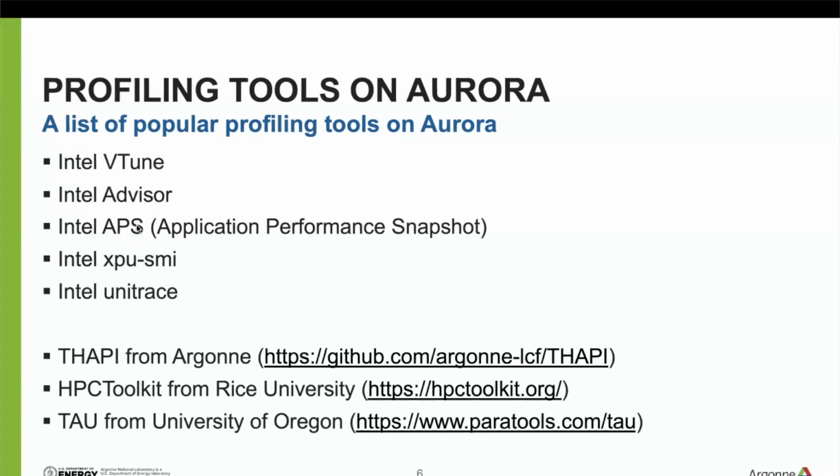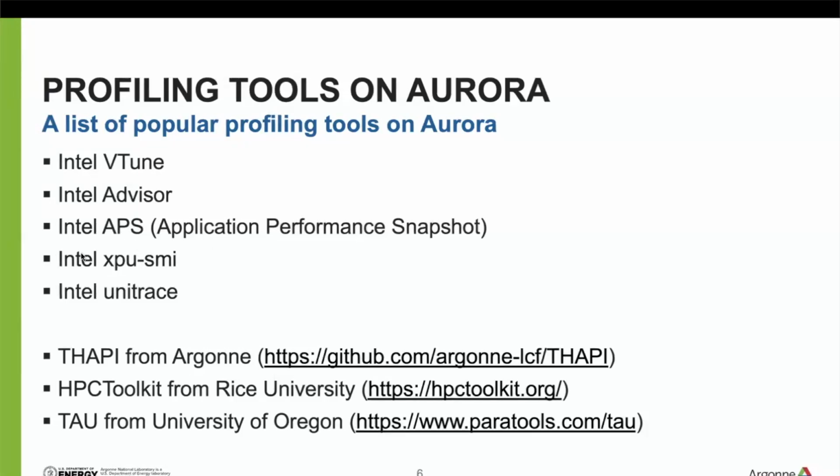It limits the metric collection in the application. As a result, the overhead of the tool is pretty negligible compared to VTune and Advisor, and it enables us to profile your application performance at scale.